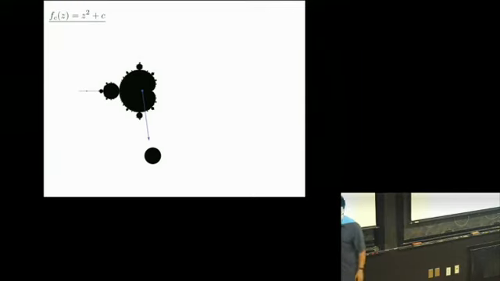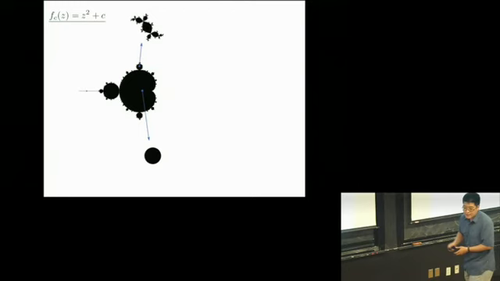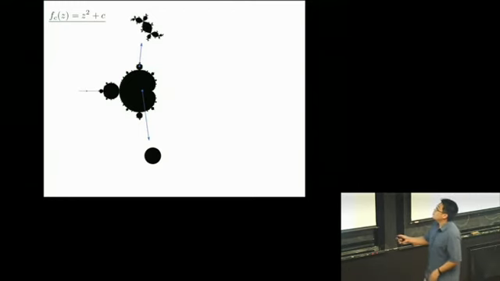This is the Julia set. Here is the quadratic polynomial that has an attracting 3-periodic point. There's one here, it goes, I think, there, and then it goes there, and then it goes there, right? And then here is a Siegel quadratic polynomial. It's on the boundary of the main cardioid. This is the Siegel disk right here. This is a Siegel disk.